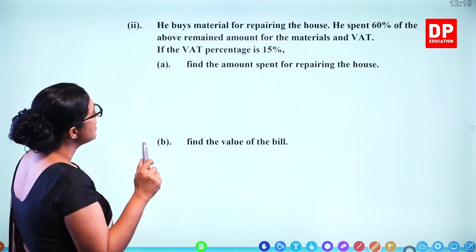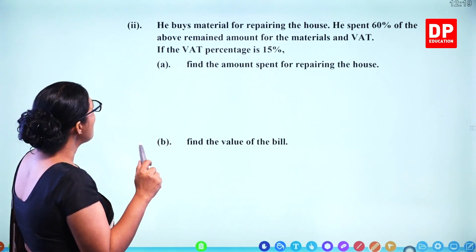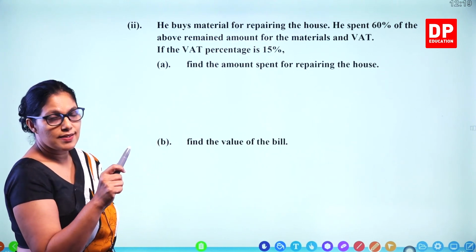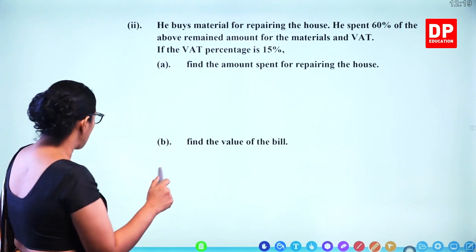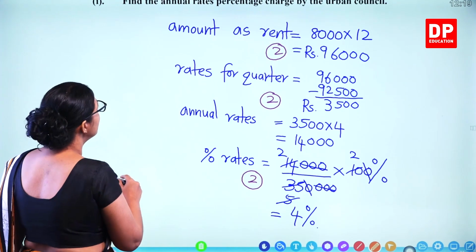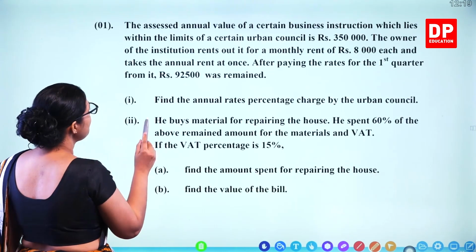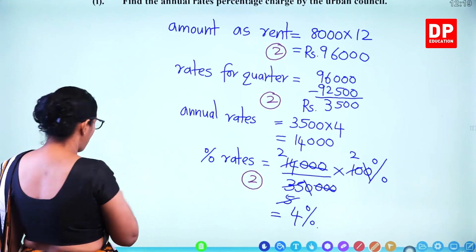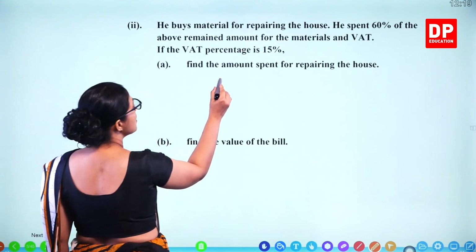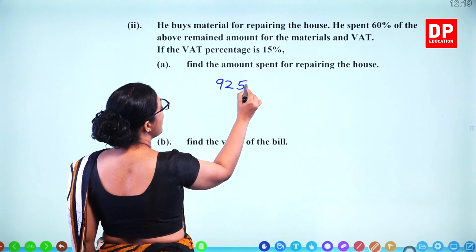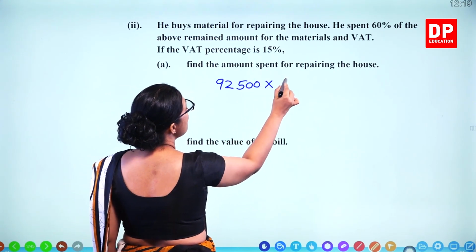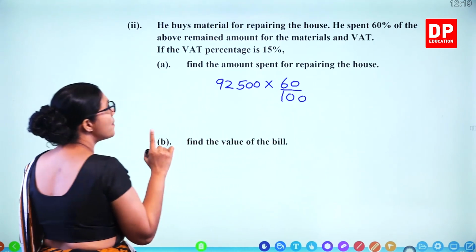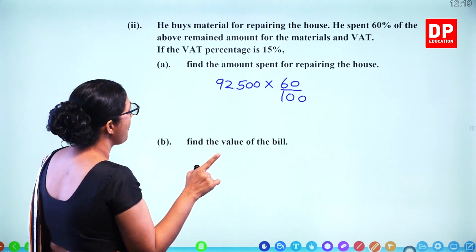So what's the remaining amount? 92,500. From that, 60% for materials and VAT, both.